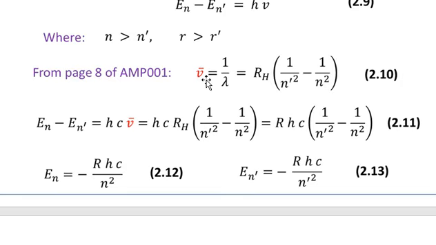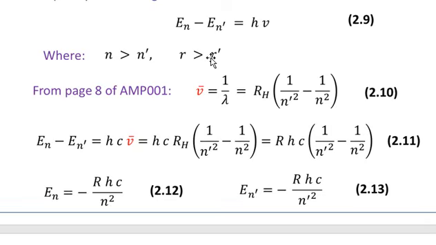If you multiply nu bar by hc, you will get the energy relationship. So En minus En prime is equal to hc multiplied by nu bar. The wave number nu bar multiplied by hc, where h is constant and c is the speed of light in vacuum, also expresses the difference of energies.